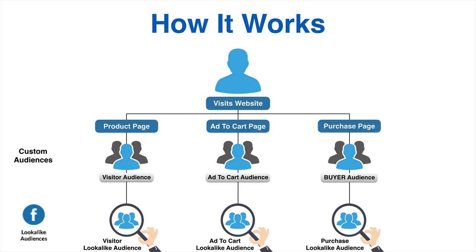Remember, the more data that Facebook has, the better the results are going to be. You know, the more they have to go off of when looking for your lookalike audiences. And that's why I said to create a visitor lookalike audience, you need at least 1,000 clicks to your product, and add to cart about 500, and buyers about 250 buyers before you create a purchase lookalike audience.